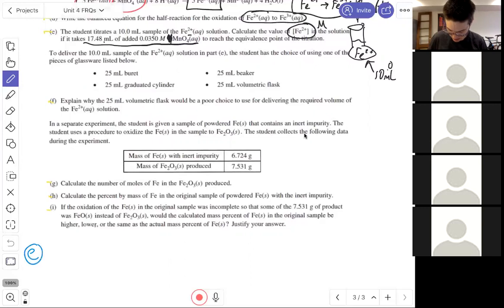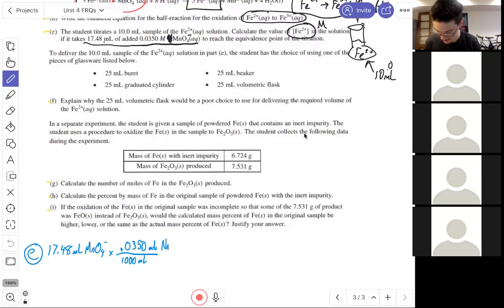Yes. So I'm going to start with the 17.48 milliliters of permanganate. And in my next step, you can do the 1 liter over 1,000 milliliters, but you can also cheat and use the 1,000 milliliters at the bottom of your molarity, and basically just combine those two steps.